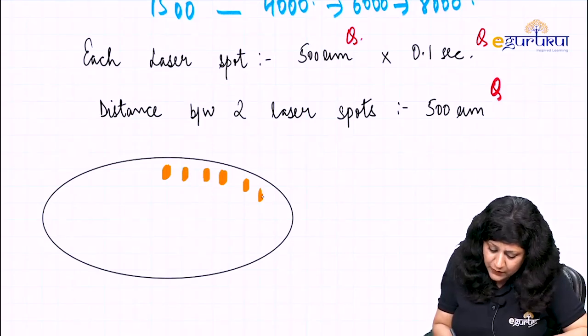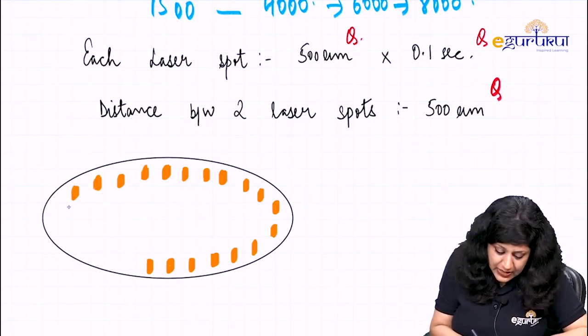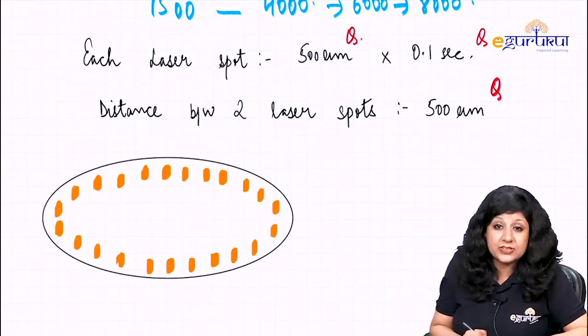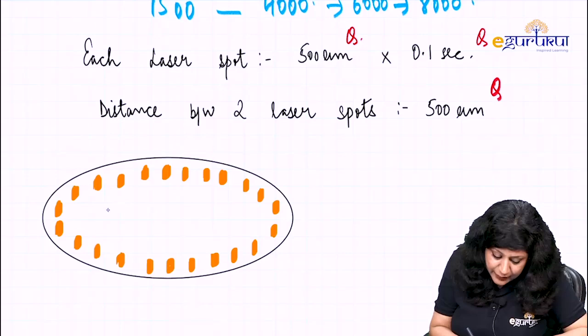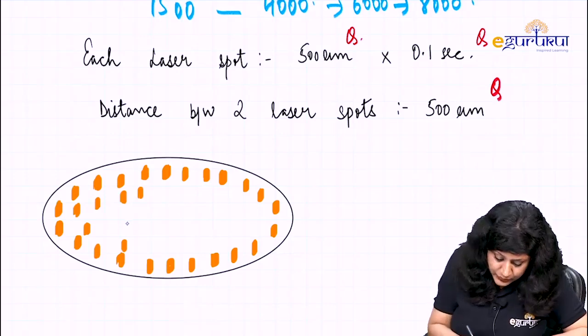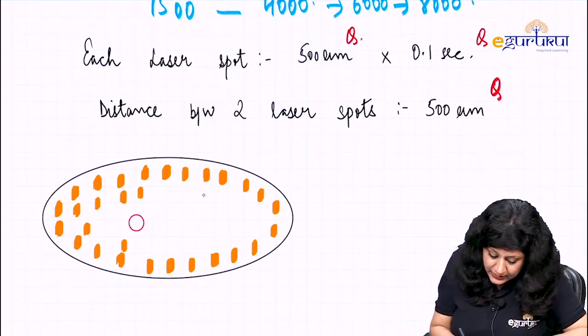I am giving 500 micron spots at a distance of 500 microns only, and I leave the area near the optic disc so that the central retina is not burned.